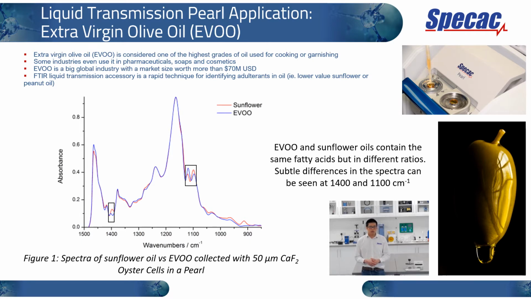In figure 1 here is a set of spectra of sunflower oil versus EVOO collected with a 50 micron calcium fluoride oyster cell set in the PEL. And as you can see, both spectra are very similar, but there are certain fatty acid related peaks where the ratios are different.